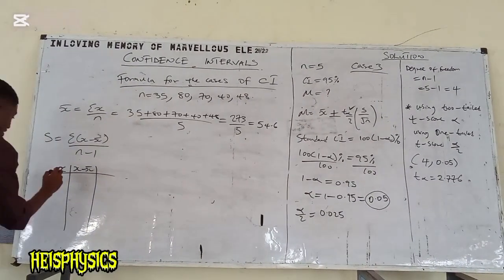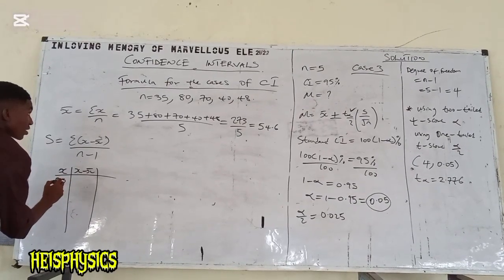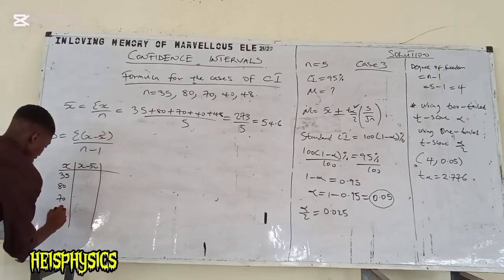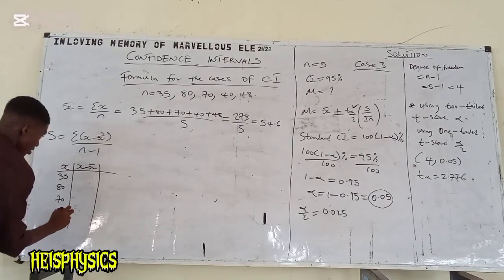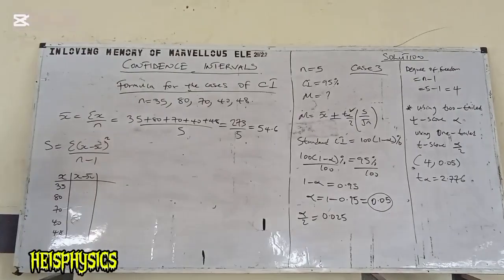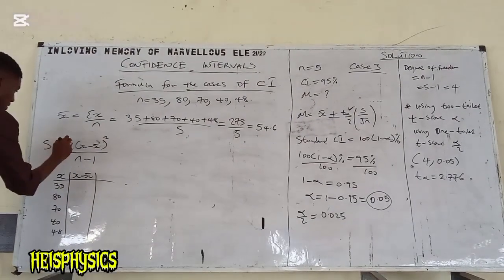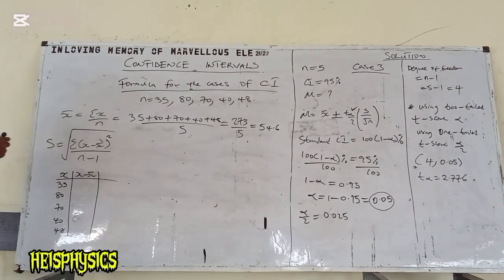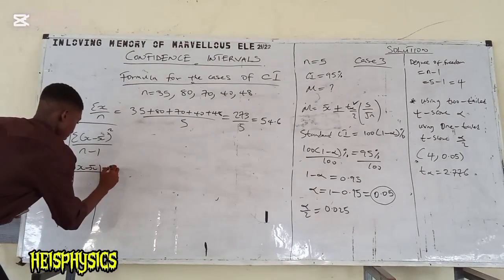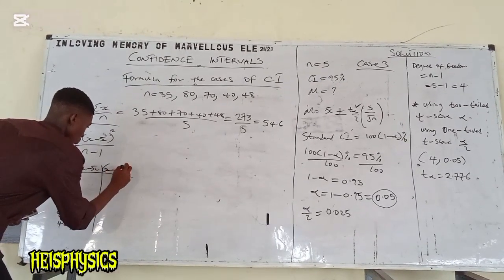So x is the data: 35, 80, 70, 40, and 48.